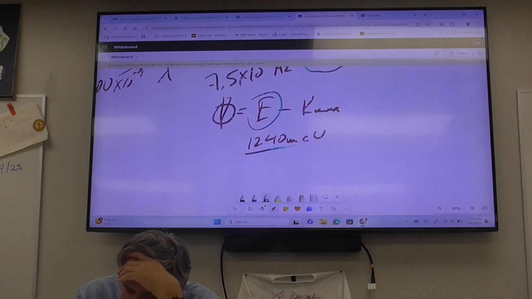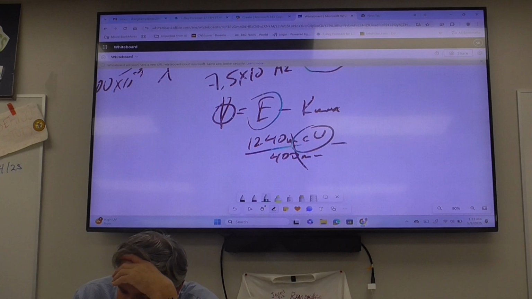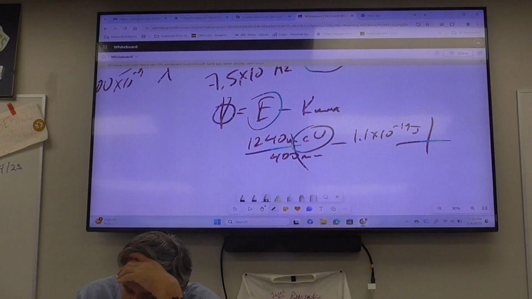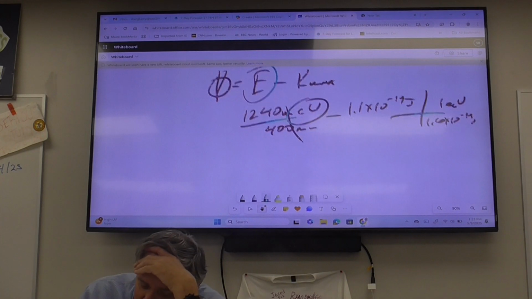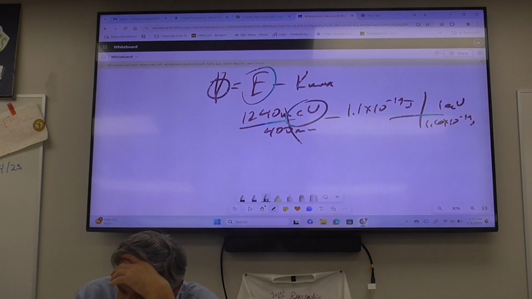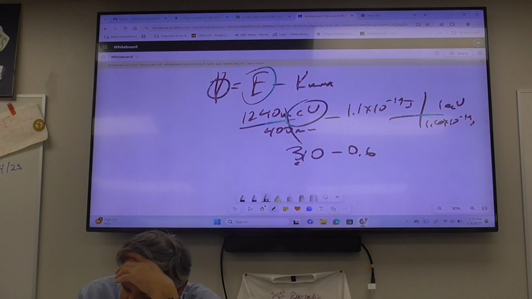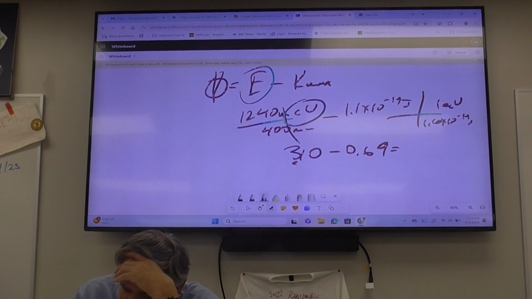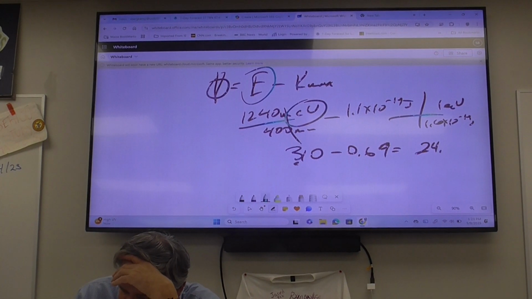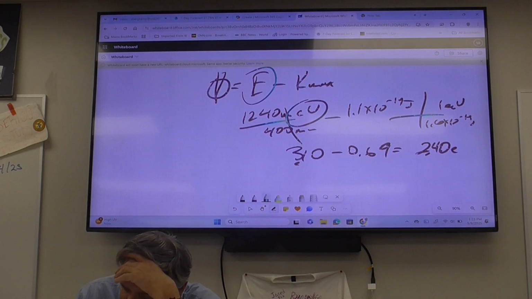So you have 1240 nanometers electron volts, you divide that by 400. You get that in electron volts, and then you have to take the 1.1 times 10 to the negative 19th joules, divide that by 1.6 times 10 to the negative 19th joules per 1 electron volt, and that gets you a whopping 3.10 minus 0.69, which gets you 2.40 eV.